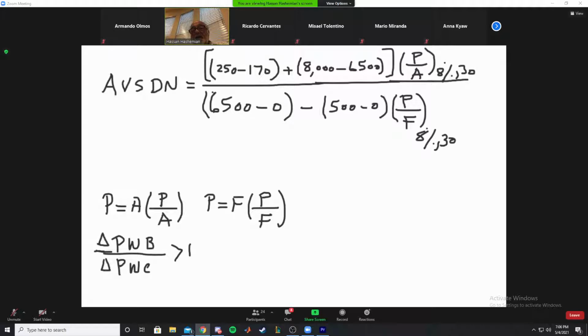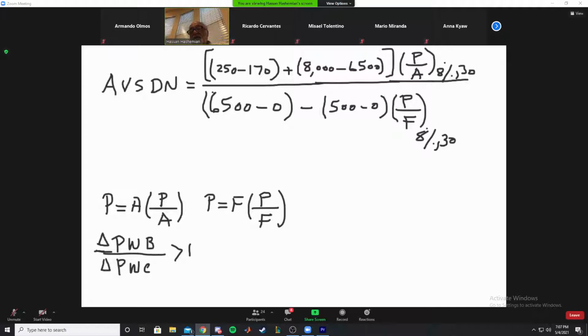Means the alternative that has a higher benefit is good, because I don't have to pay too much money to get that extra benefit. Because delta PWB is the extra benefit. This is the extra benefit of A on the numerator. Extra benefit of A compared with do nothing. And the denominator is the extra cost of A compared to do nothing.